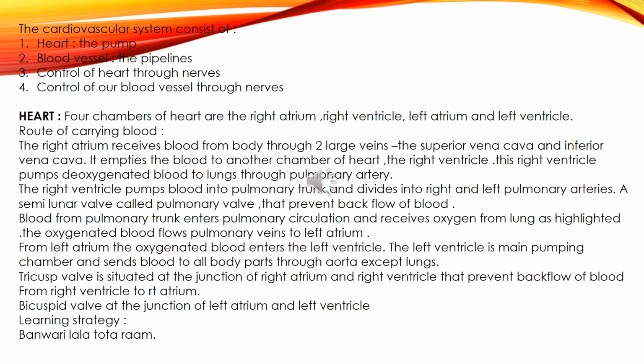One is the superior vena cava, which brings blood from where? From the upper body. The inferior vena cava brings blood from the lower body. The right atrium receives the blood from the body and empties it to another chamber, the right ventricle. This right ventricle pumps deoxygenated blood to the lungs through the pulmonary artery.